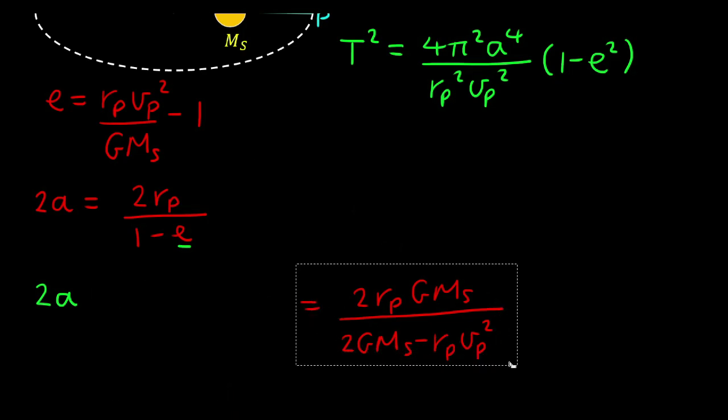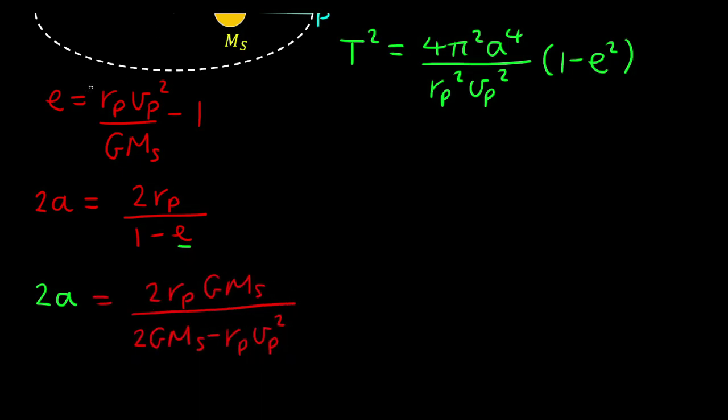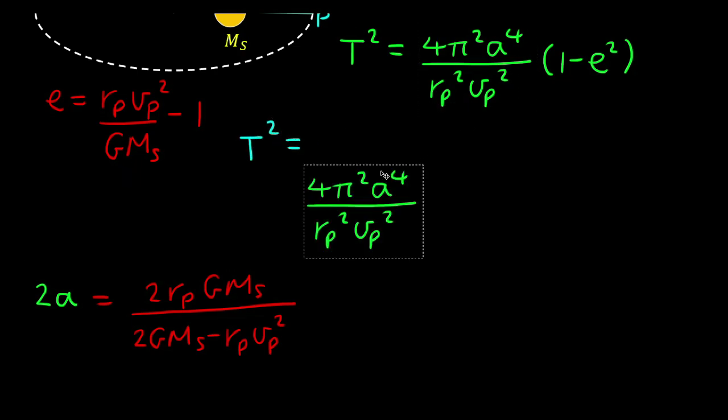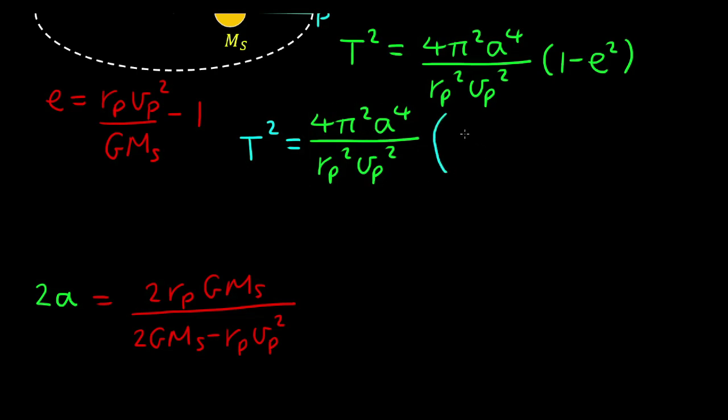So we'll just keep this relationship and the eccentricity. And now we can substitute for the eccentricity. So we have T squared is this term, and that's multiplied by 1 minus the square of the eccentricity, which is rp vp squared on GMs minus 1, all squared.